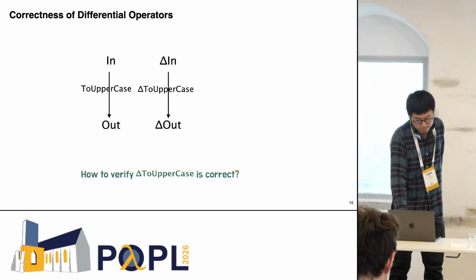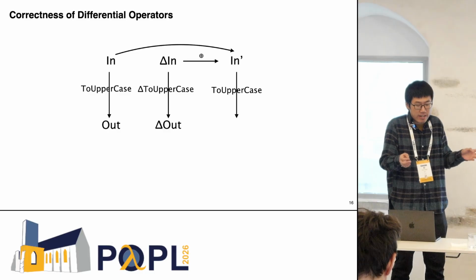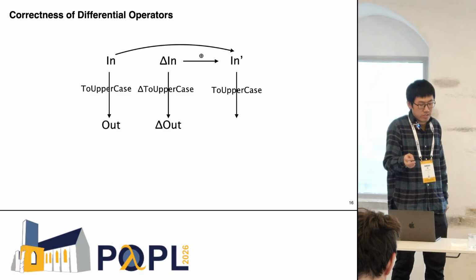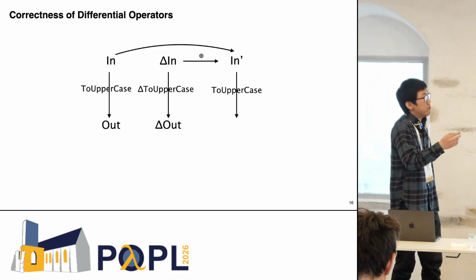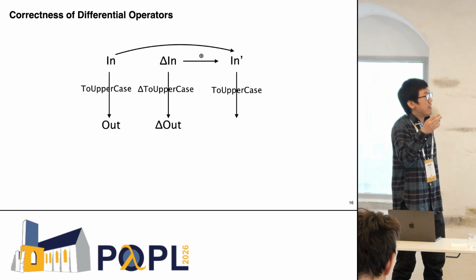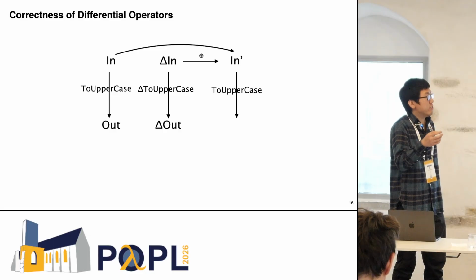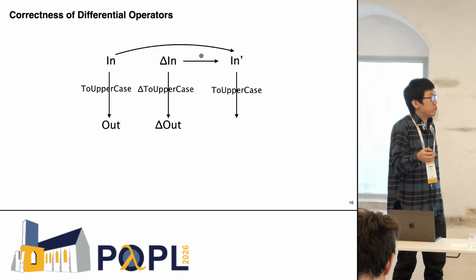And to do that, we can use a commutation diagram to show the correctness. To check if delta output is correct, if there's a change structure for the input type, we can get the updated input by using the patch function, and then apply the toUppercase to the updated result.